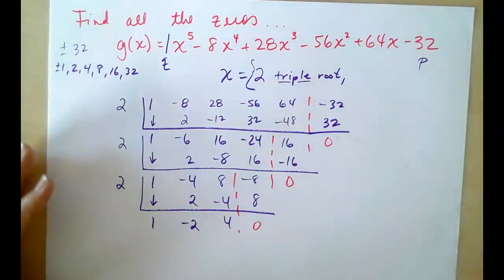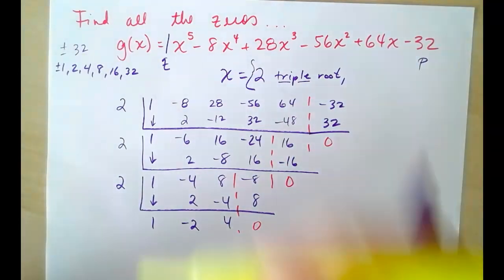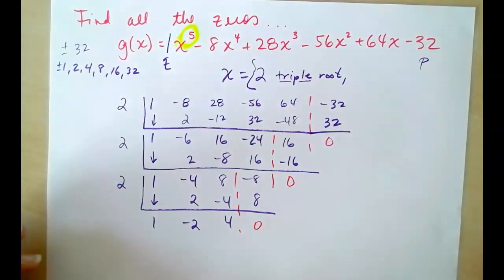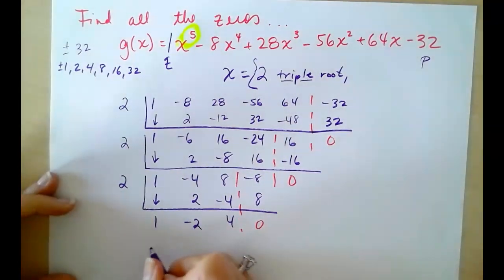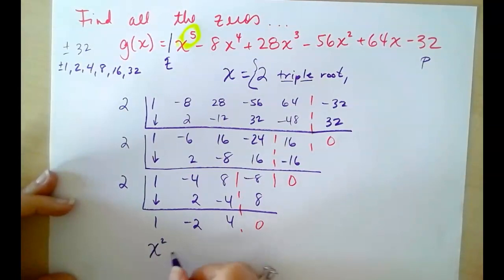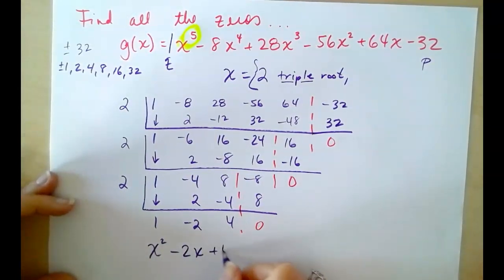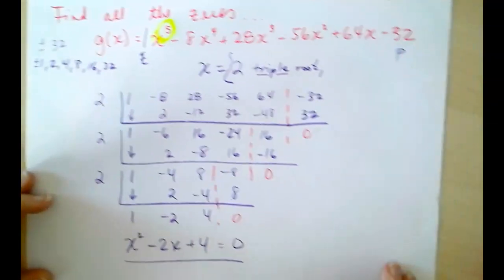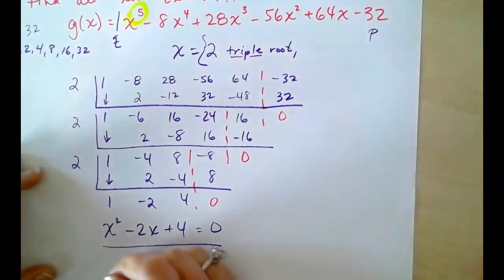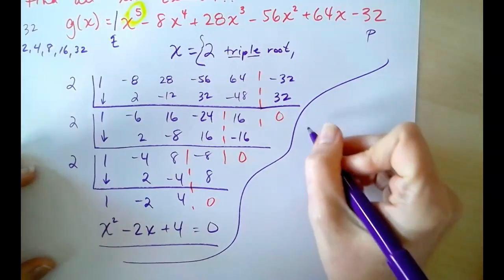So we went from a 5th degree polynomial now down to a 2nd degree polynomial. 1x squared minus 2x plus 4 equals 0, which is a simple quadratic equation to solve. So here goes.